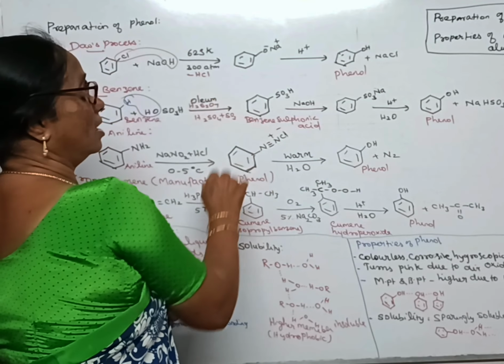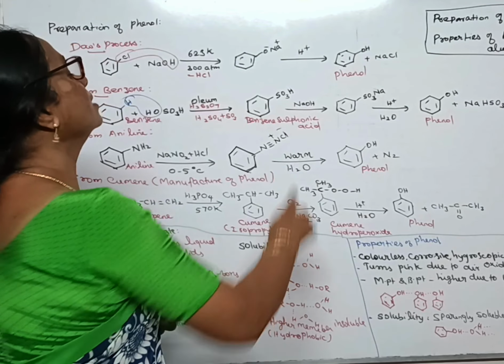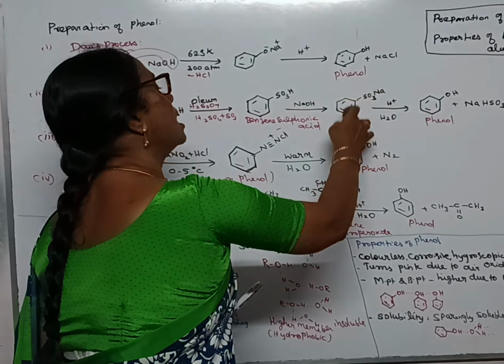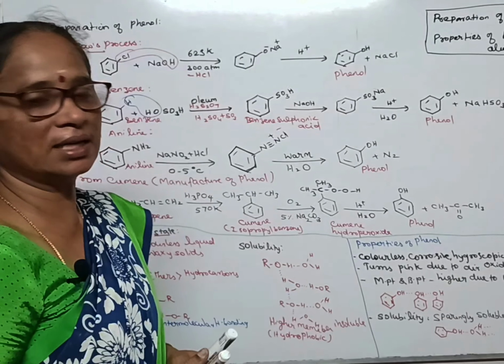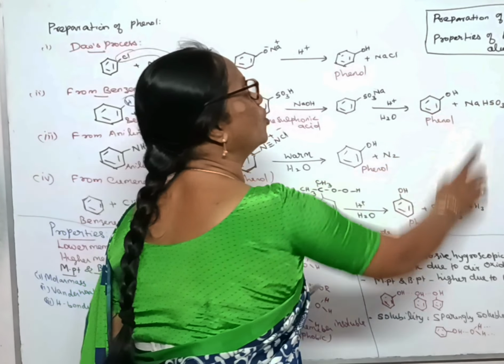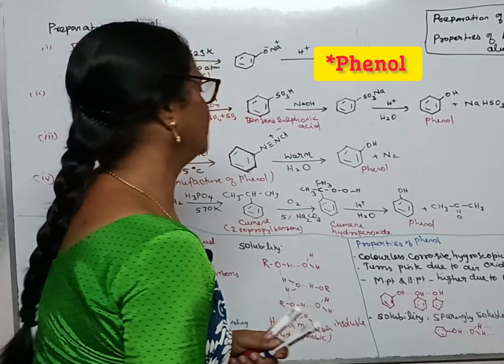Being an acid because of the hydrogen proton, benzene sulfonic acid may react with the base to form the sodium salt of benzene sulfonic acid. Followed by acid hydrolysis, sodium will be removed as NaHSO3, so we will get phenol.